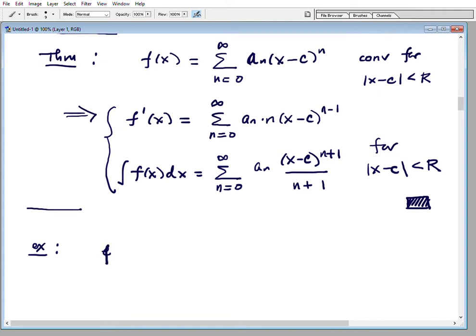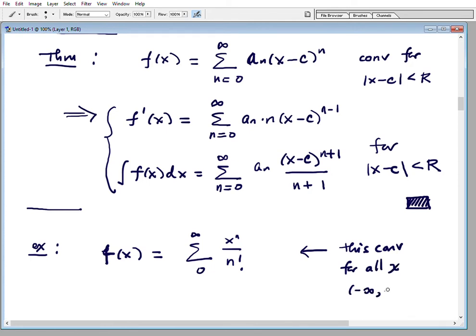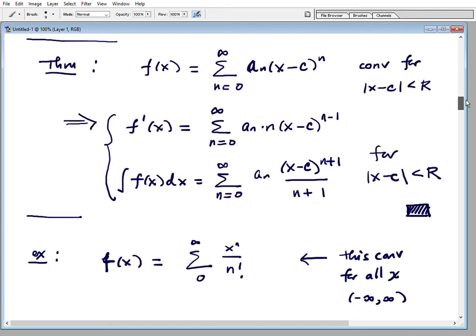Let's suppose we look at this particular power series. We can show, I'm not going to show this here, but we can show that this converges for all x.